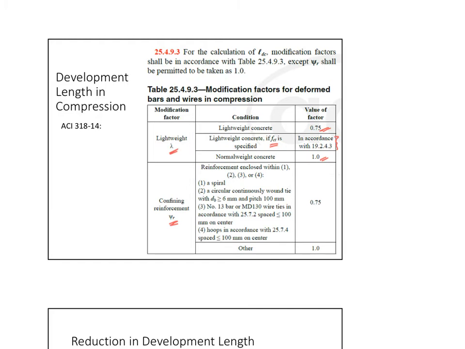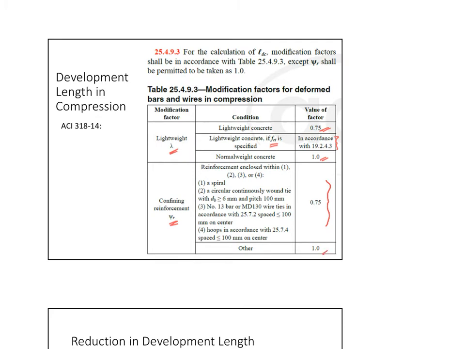The more confinement you have, the better the confinement stress, and the much better performance this group of bars will give you. So in case you have good confinement, then you go with the 0.75, which means you can reduce your LDC a little bit. Otherwise, you just take it as 1.